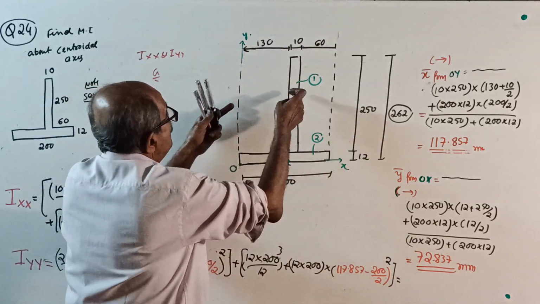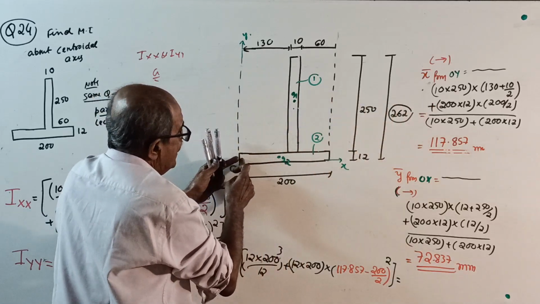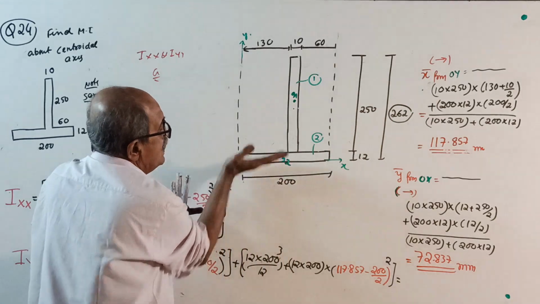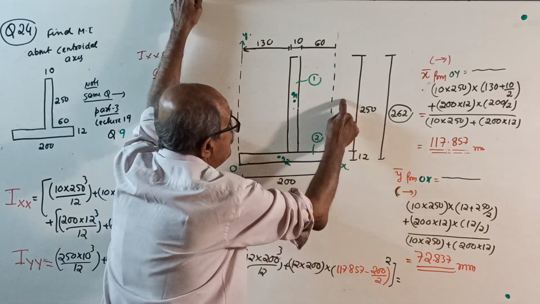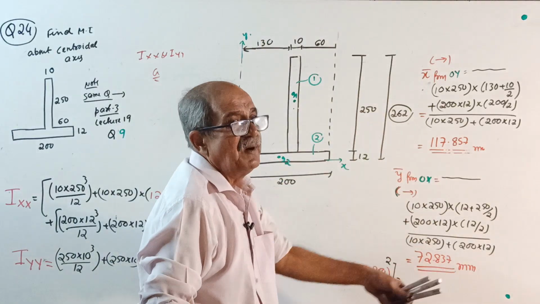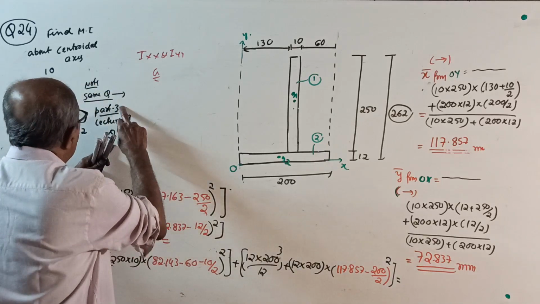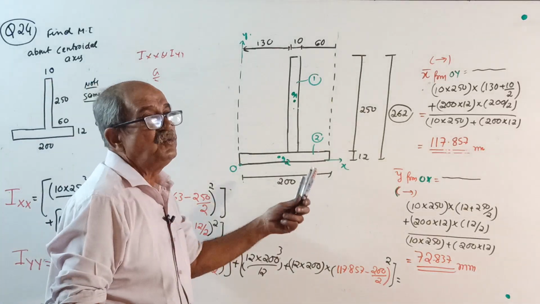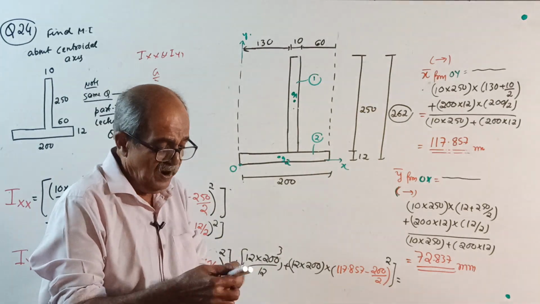So, this area into 130 plus 10 by 2, this area into 200 by 2. When you do Y bar, this area into 12 plus 250 by 2, this area into half of 12. X bar, Y bar, you got. Question 9, part 3, lecture 19, I took more than 20 minutes for locating centroid. Go and refer that one.